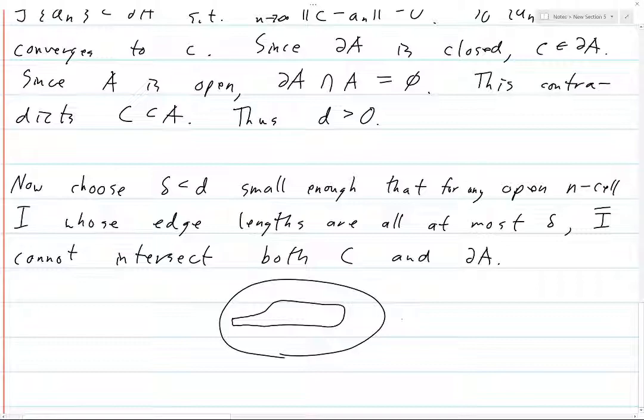So, for example, if we had a box like this, this wouldn't work. And say this distance here is D. This is the smallest distance.